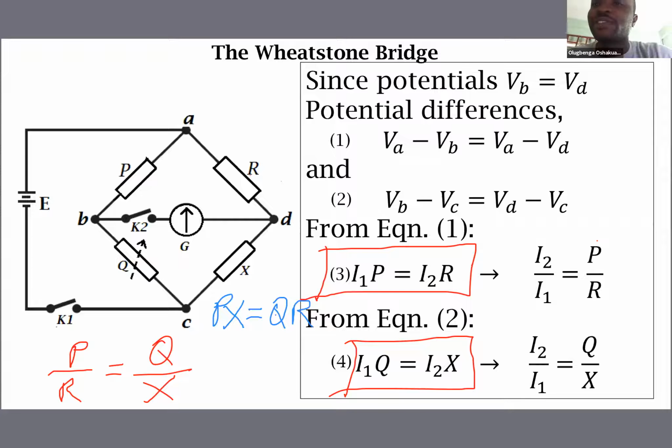So P and X are opposite sides of the bridge, while Q and R are the other opposite sides of the bridge.